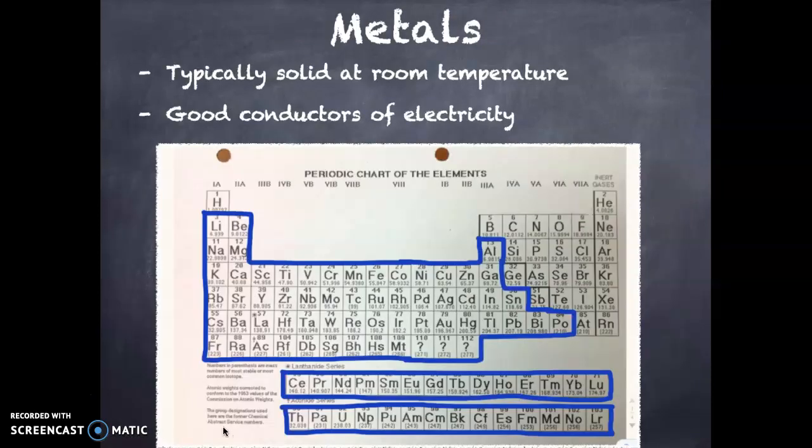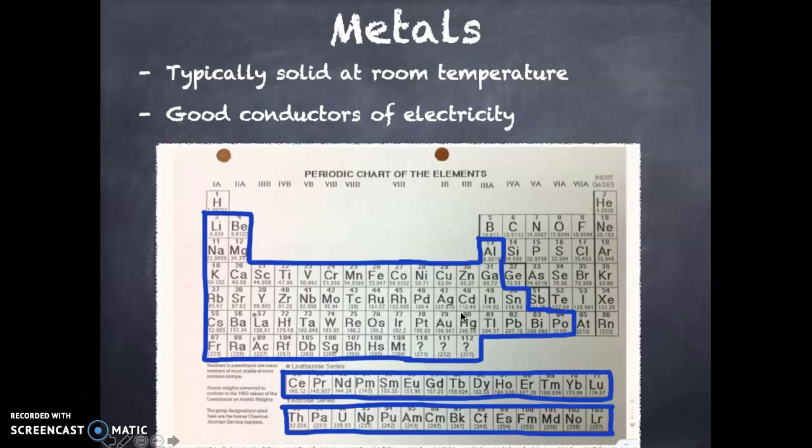The majority of the periodic table is actually made up of metals. These are what you typically think of: copper, iron, gold, silver, lead, aluminum. Things that are often dug out of the ground or that we mine from the earth. They are more often than not solid at room temperature.